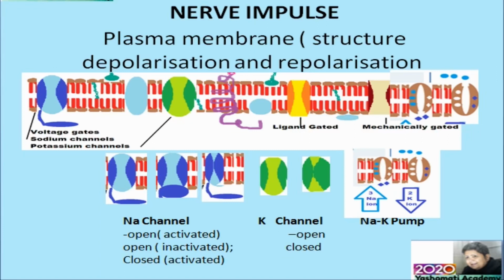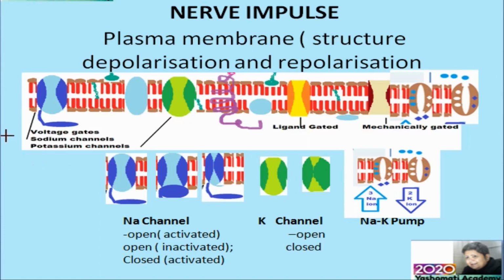Here you can notice that there are certain structures which have been marked as voltage gates, ligand gates, mechanical gates and sodium potassium pump. Now these gates are basically helping in conduction of ions across the plasma membrane.